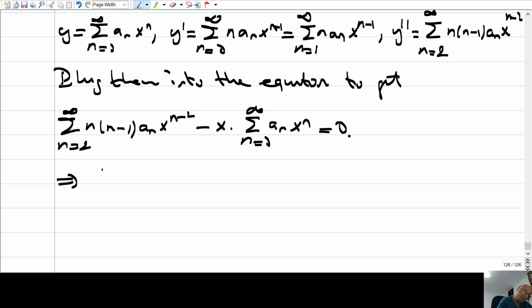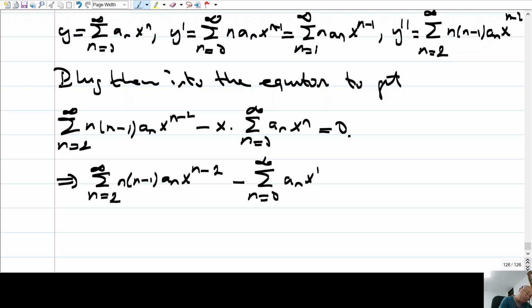So this is the sum from 2 to infinity of n times n minus 1 a_n x to the power n minus 2, minus the sum from n equals 0 to infinity of a_n x to the power n plus 1. Right? These are two analytic functions given by power series expansion. You just multiply them as if you are multiplying polynomials. So this x comes in and it makes a_n times x to the power n plus 1.